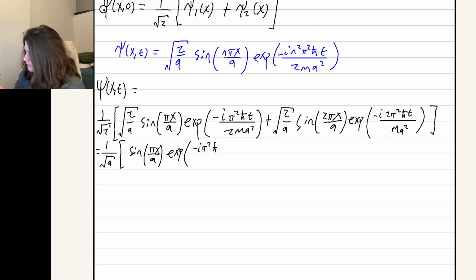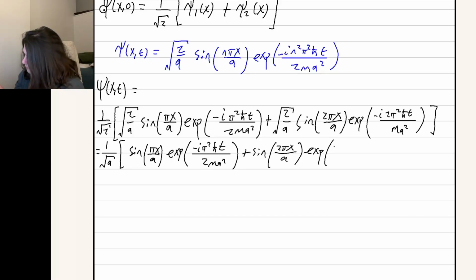That h bar is not squared, I don't think. 2ma squared plus sine 2 pi x over a exp minus i 2 pi squared h bar t over ma squared, right there.